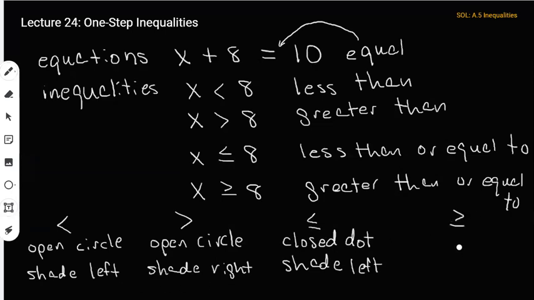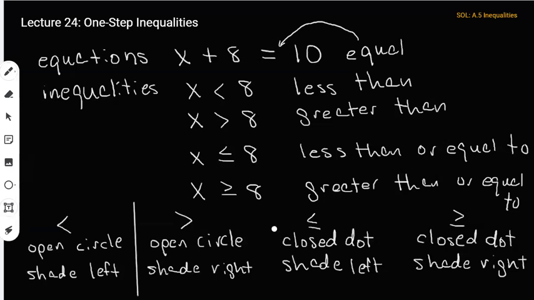And then the last one is greater than or equal to. Since we have that equal to symbol at the bottom, we're also going to have a closed dot, just like the last one. And for this one, since it's a greater than symbol, we're going to be shading to the right, just like we would for the greater than symbol over here. So all of these rules at the bottom pertain to how we're going to graph on a number line.